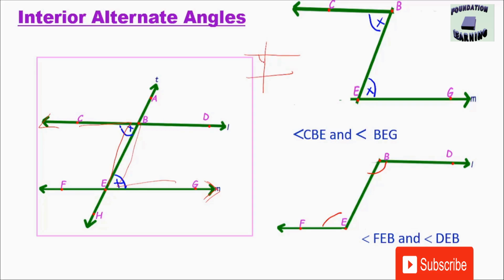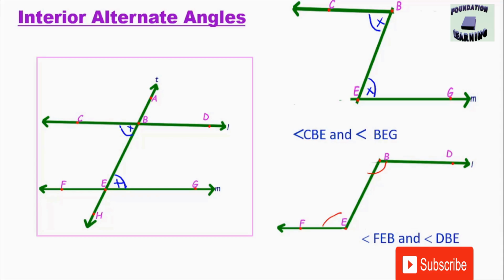One angle is here on the left side and the other angle is here. So how do we name it? The first one is CBE and the other one is BEG. This is the first pair of alternate angles.